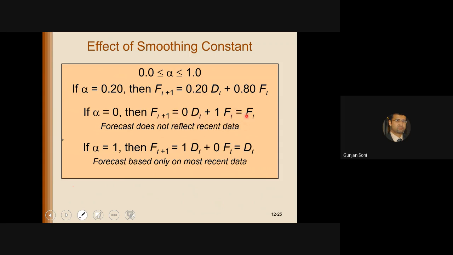It will just be equal to the previous month's forecast. If alpha is 1, then the forecast is based only on the recent data. So you just have to find a trade-off between the two. We'll take a numerical on this.